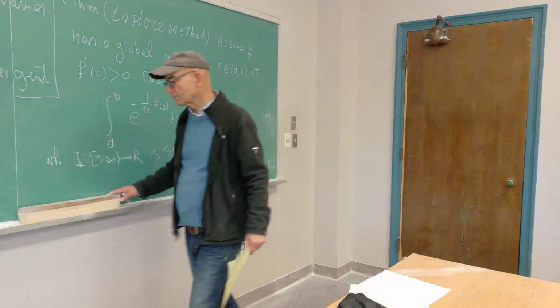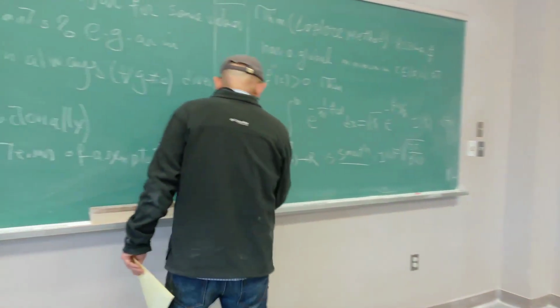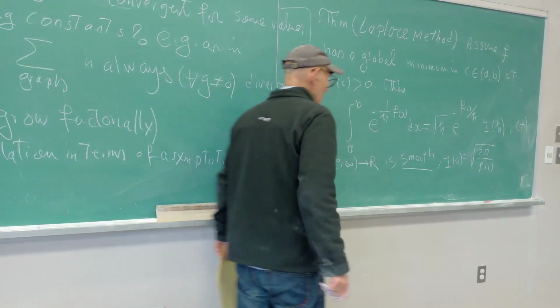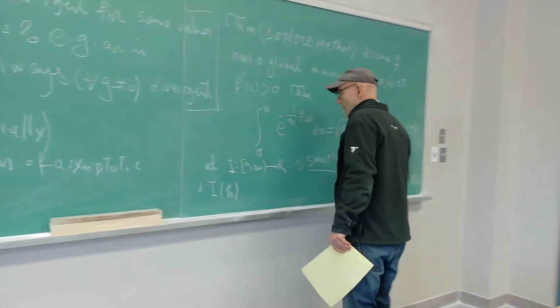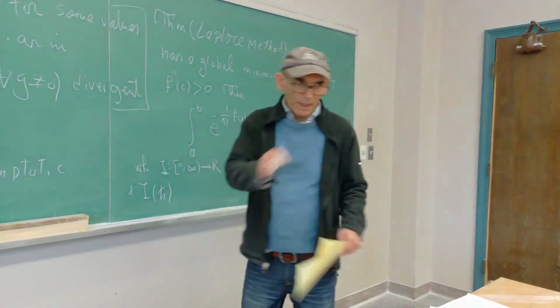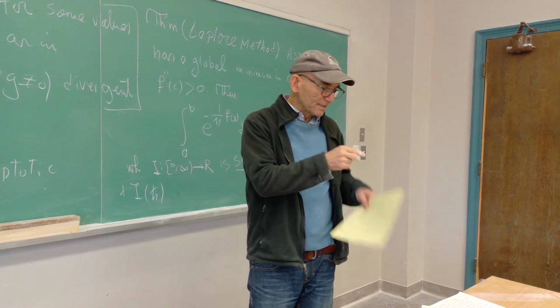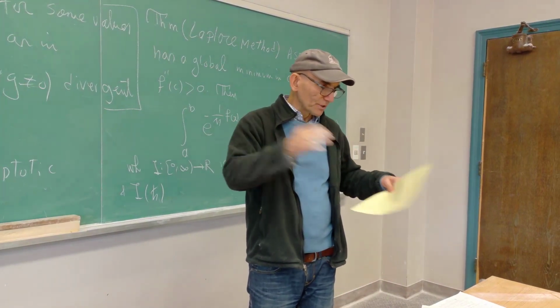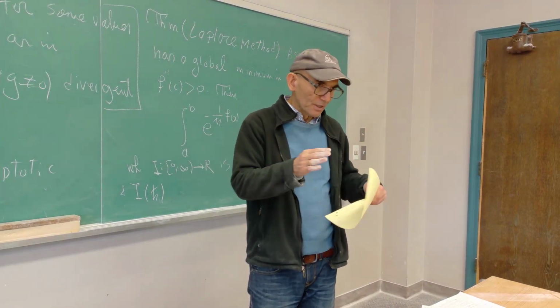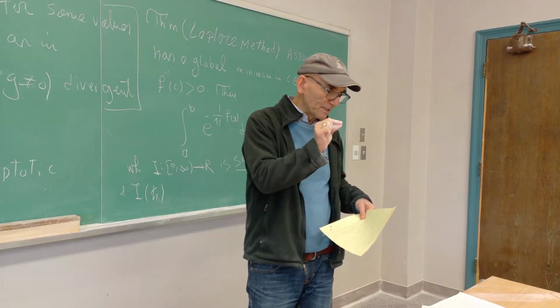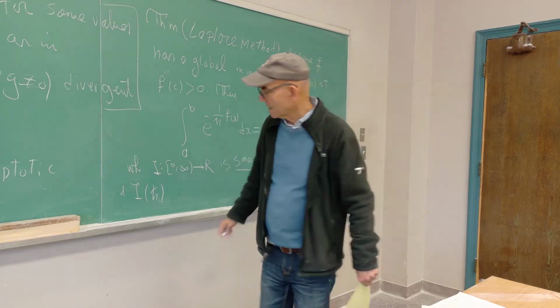And I of h bar is very interesting. This function that gives us the expansion only depends on the germ of the function around c. It's independent of the values of the function at points which are even an epsilon away from c. It only depends on the infinitesimal neighborhood of c.